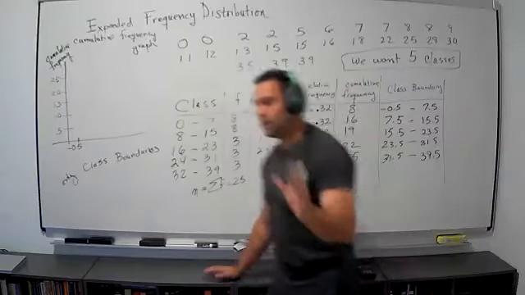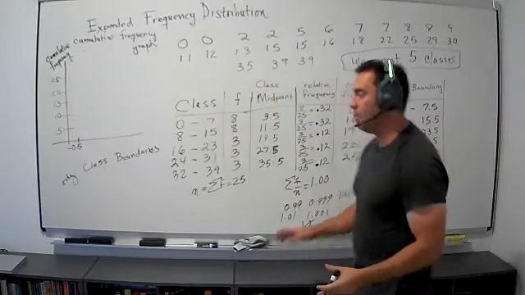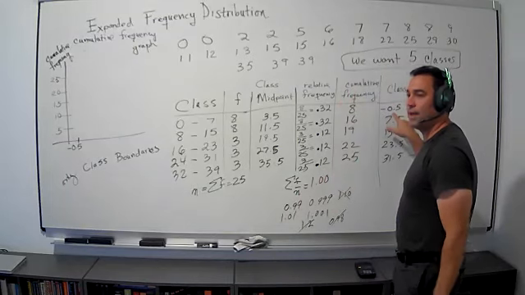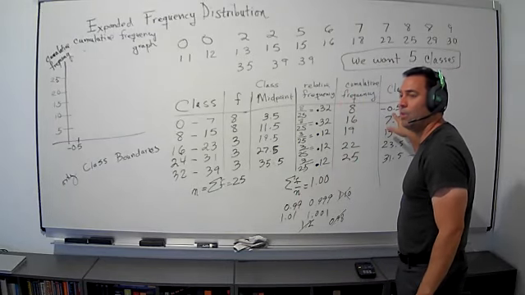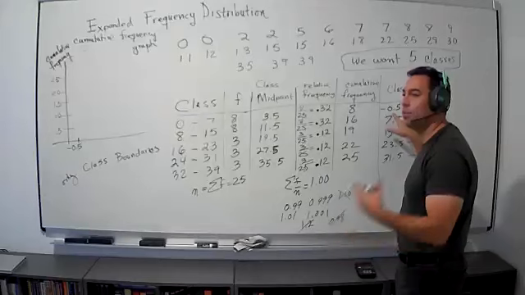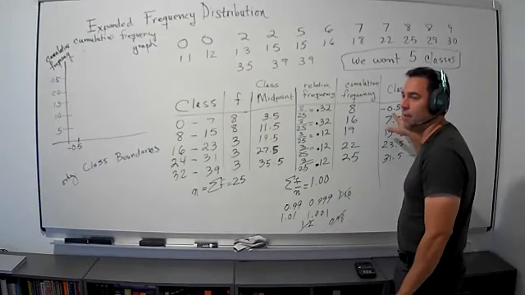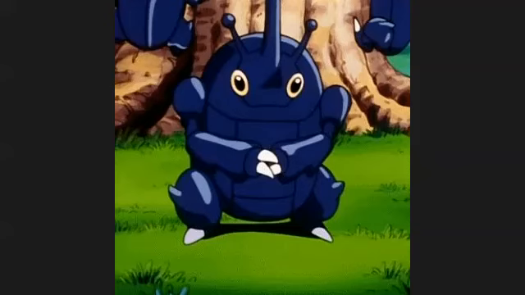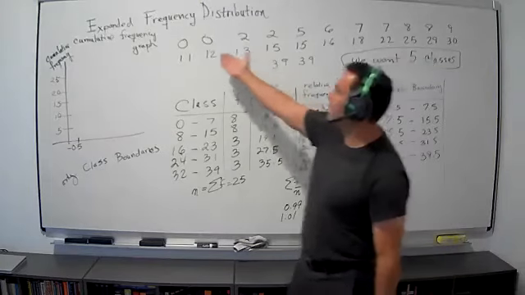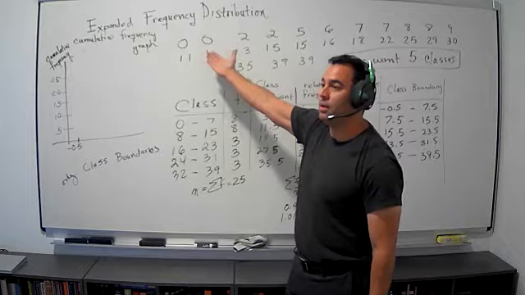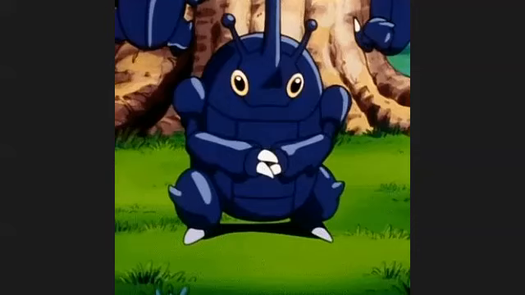Now, listen to my question and then answer it. By the time I've counted to negative 0.5, what would be my cumulative frequency? How many numbers would I have counted by negative 0.5? Is there any such number here that's negative 0.5? No. So no numbers, nothing.